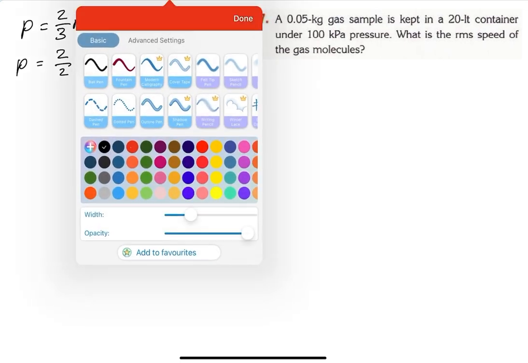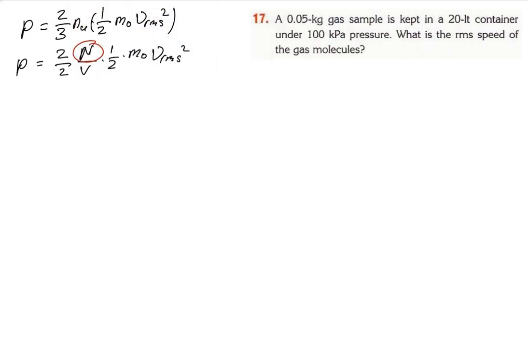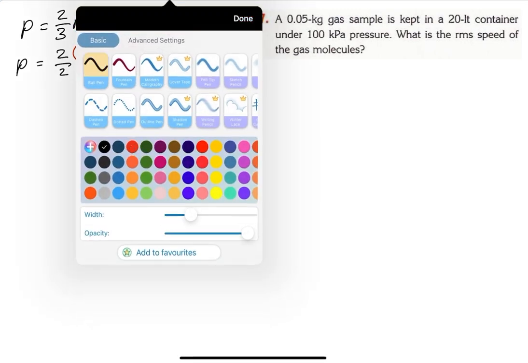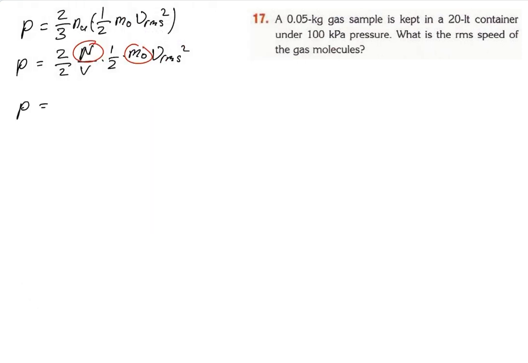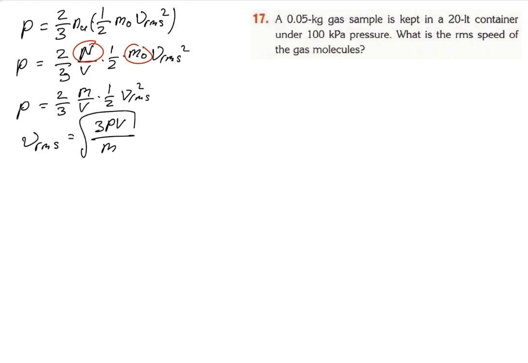And here the product of number of molecules and m0 is just a mass, so we can write P is equal to 2/3 mass over volume times 1/2 VRMS squared. So the question is root mean square velocity, so let's rearrange it for root mean square velocity. VRMS will be equal to 3PV over m, in a square root.